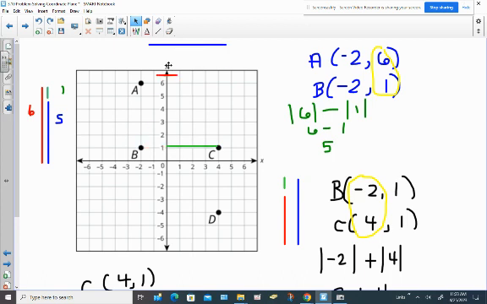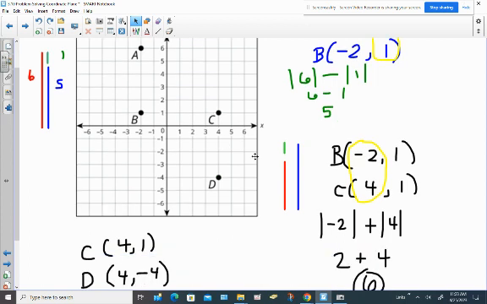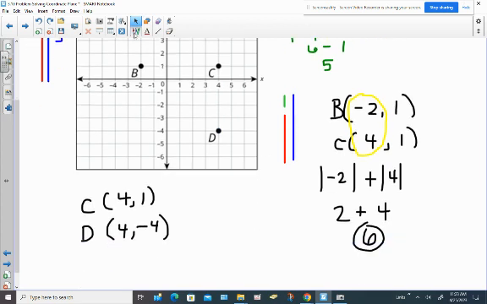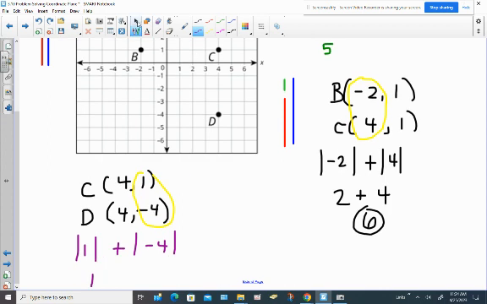All right, let me move these out of the way, and let's talk about points C and D. They're again in different quadrants. The distance between these 2 points would be represented right here with that blue line. But why are we adding the absolute value? These are the coordinates that differ from each other. So we would be talking about the absolute value of 1 plus the absolute value of -4. The absolute value of 1 is 1. We're figuring out how far away this is from the line, which would be 0.